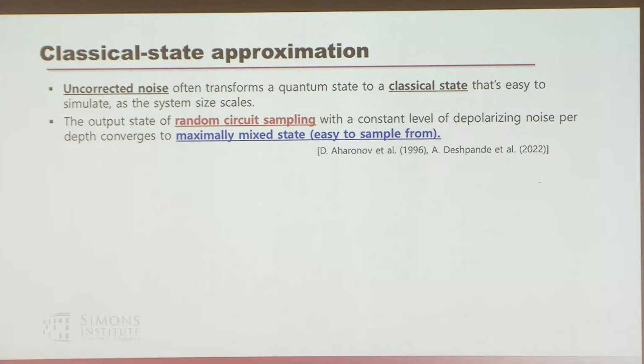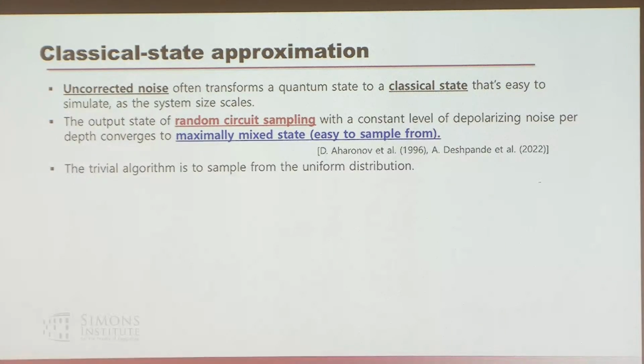So in the asymptotic regime, the output state of noisy random circuit sampling can be approximated by the maximally mixed state. That means there is a trivial algorithm to simulate noisy random circuit sampling, which is just sampling from the uniform distribution. It works especially in the asymptotic regime. When you scale up, eventually you're going to get this maximally mixed state.